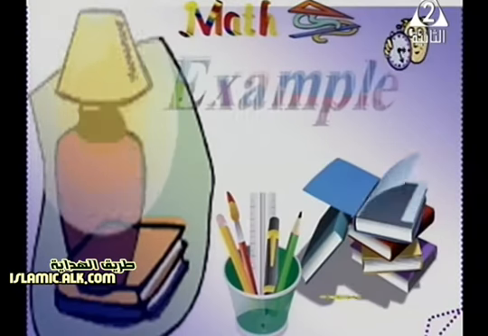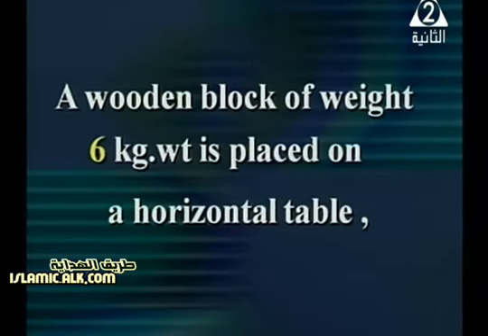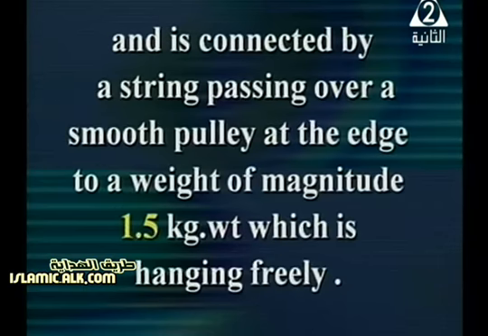Look at, dear student, the first example. A wooden block of weight 6 kg is placed on a horizontal table and is connected by a string passing over a smooth pulley at the edge to a weight of magnitude 1.5 kg, which is hanging freely.